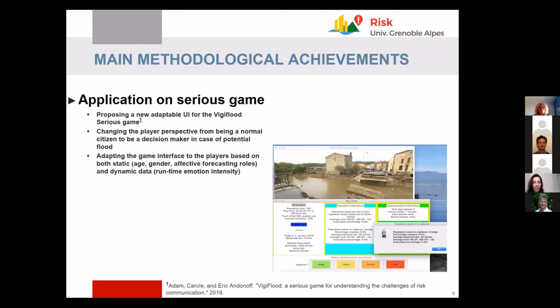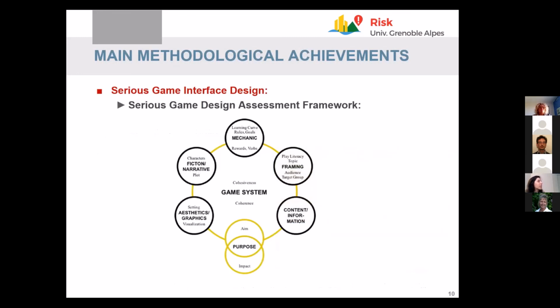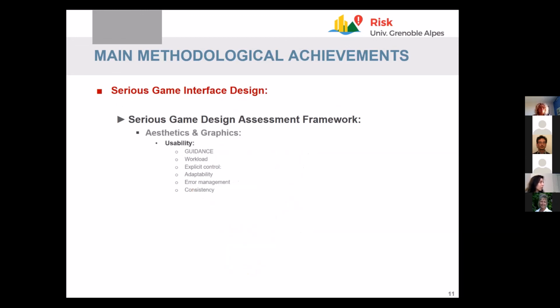Okay, so for our serious game, in order to get a better interface design, we applied the serious game design assessment framework, and we used the graphic part as the focus of our work.